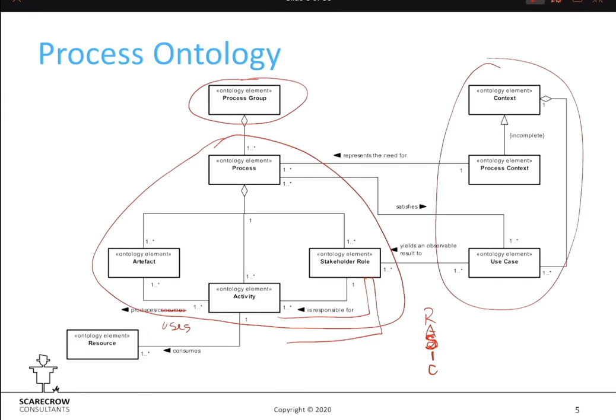What we mean by uses and produces artifacts is that you may have a design process, and an input to that design process could be a requirement specification. That requirement specification is produced by an activity in a requirements process, and it's used then by an activity in a design process.